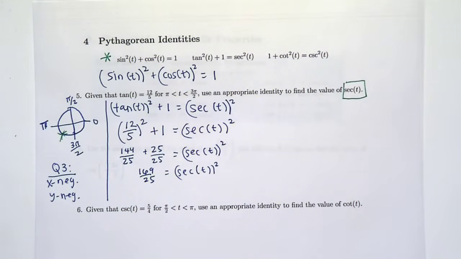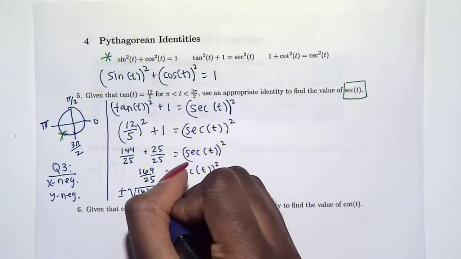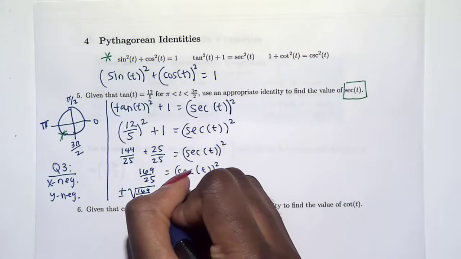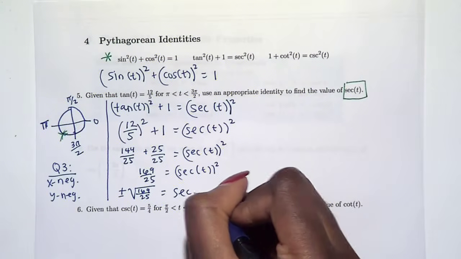And then I need to take the square root of both sides, right? Secant is squared. I'm trying to solve for secant, so I need to take the square root, remembering that when we do this, we could get a positive or a negative. Secant t could be positive or negative. So we're going to have positive or negative square root of 169 over 25 equals secant t.